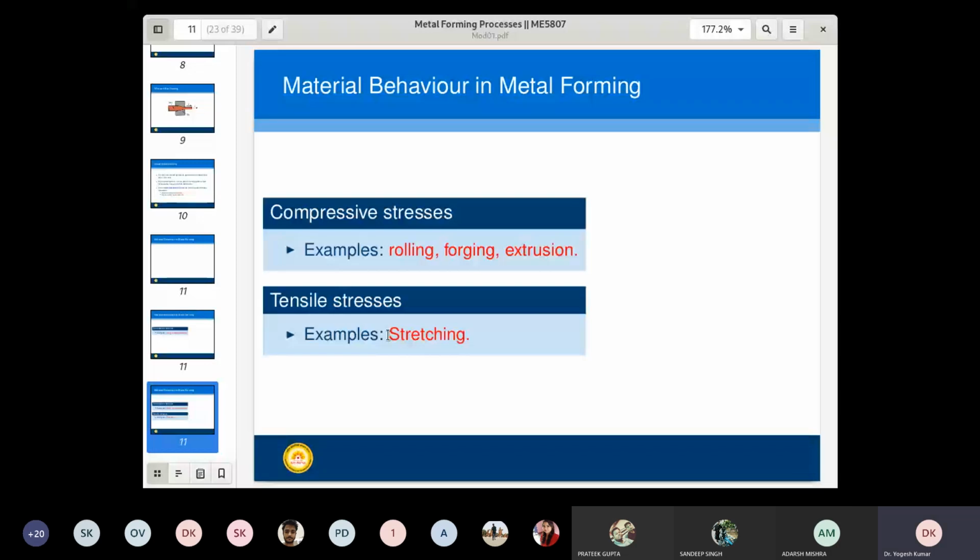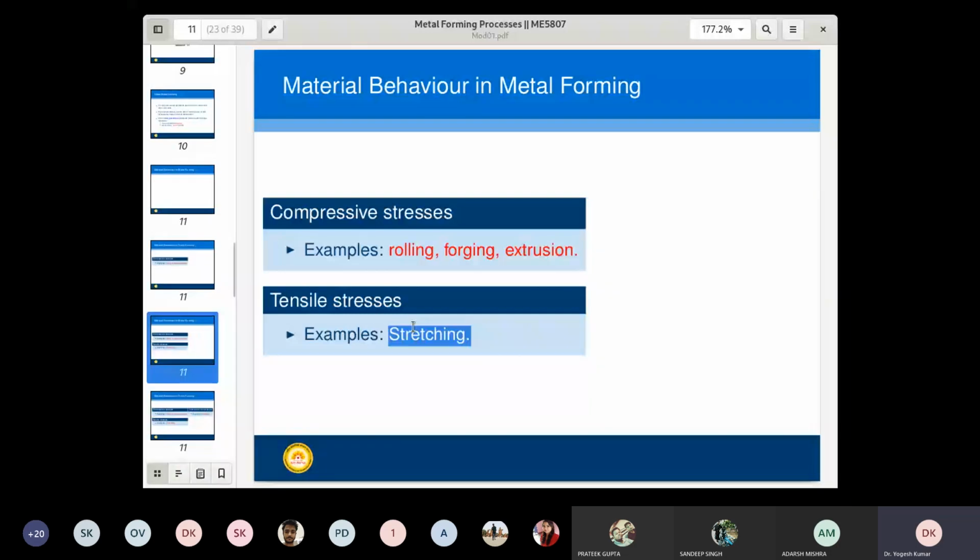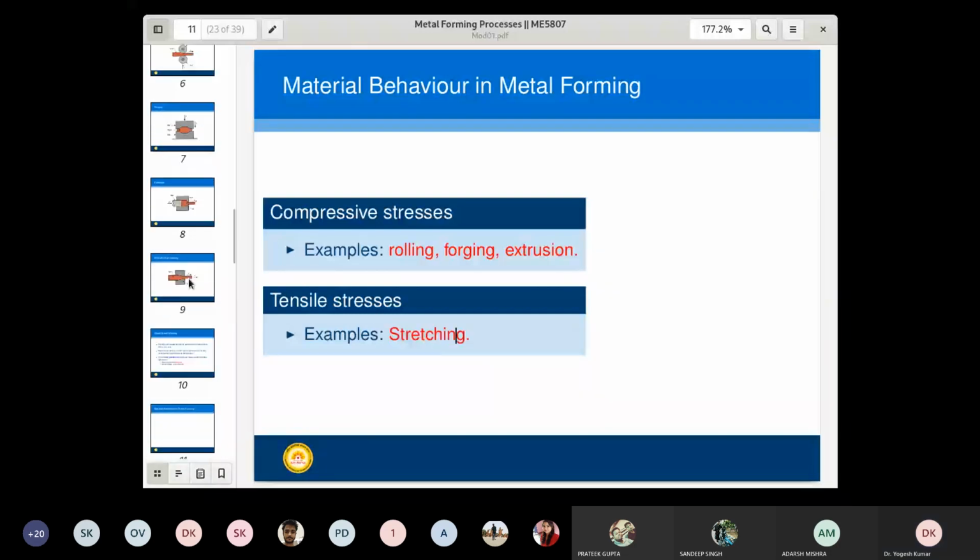The metal block will be pulled from both sides. This way the metal block will be stretched, and the kind of stresses developed during tension will be tensile stresses.